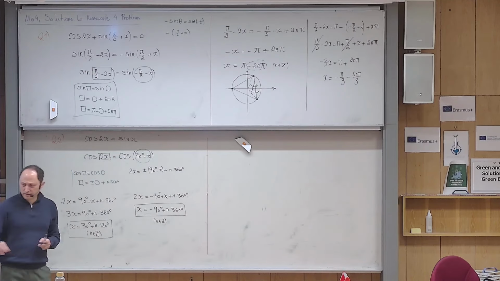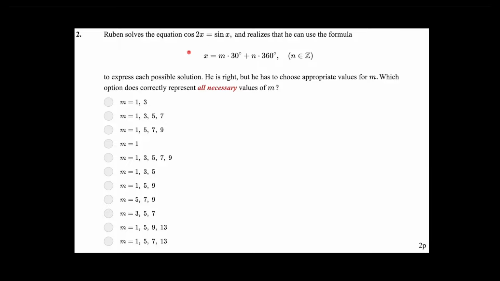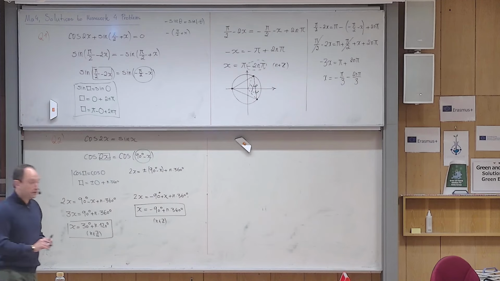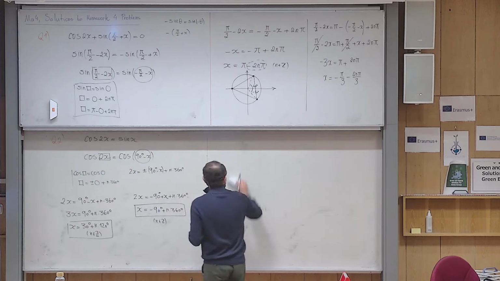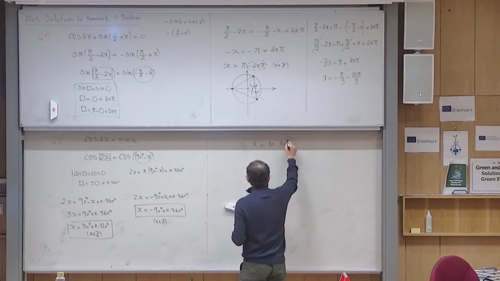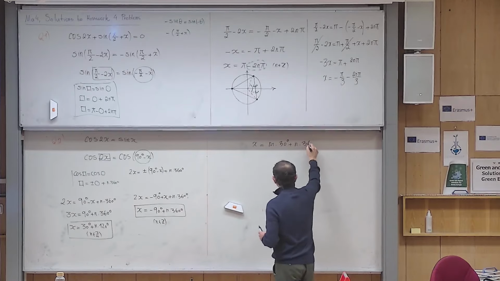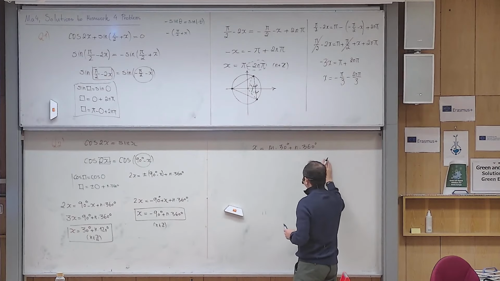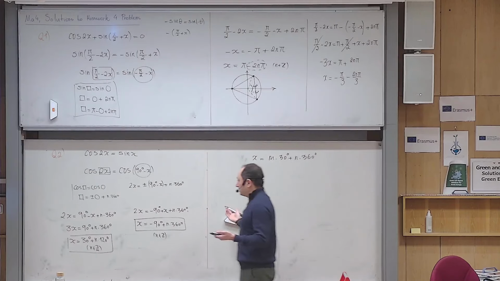But let me write the formula in the form the problem asks for: x is m times 30 degrees plus n times 360 degrees. What is the idea?